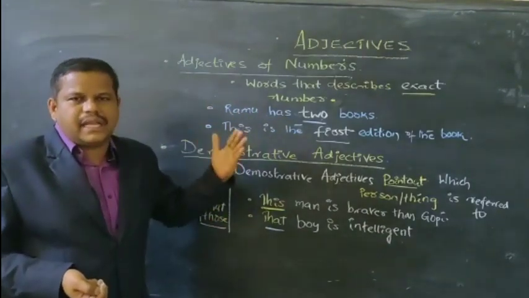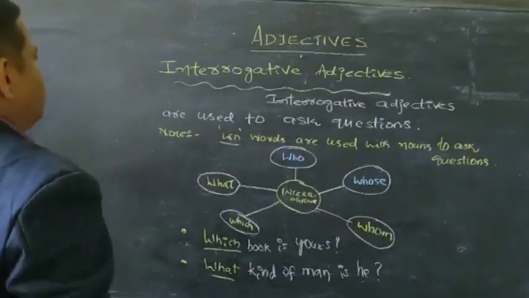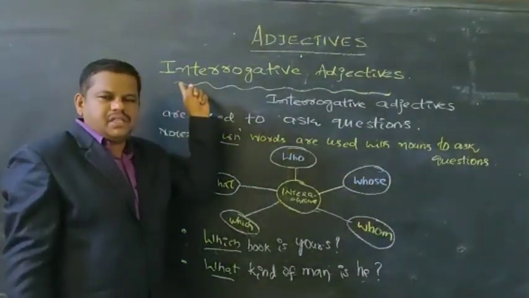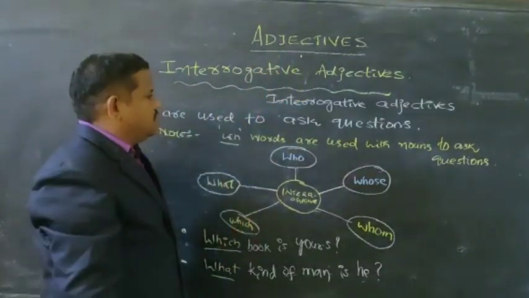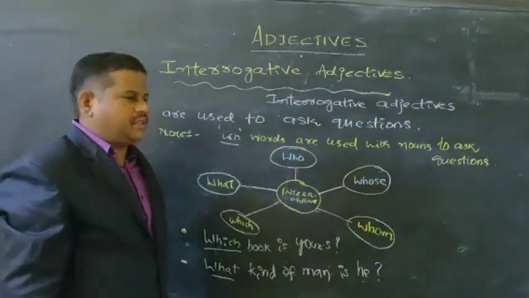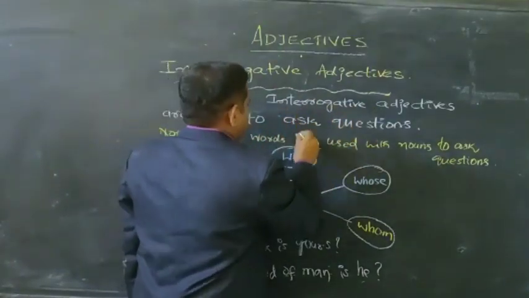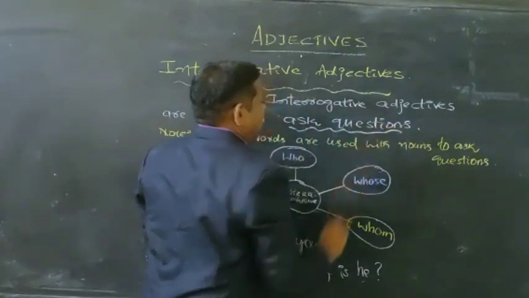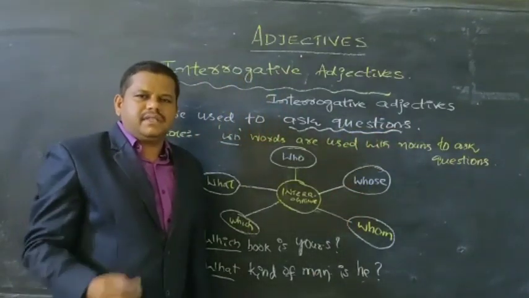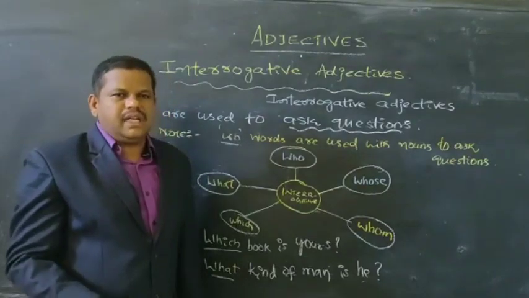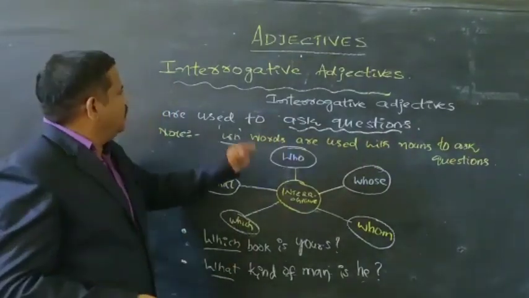We will see another type of adjective that is called interrogative adjective. So first see the definition of interrogative adjectives. Interrogative adjectives are used to ask questions. When you are writing this type of sentences, they always ask a certain type of question with a noun or a pronoun.